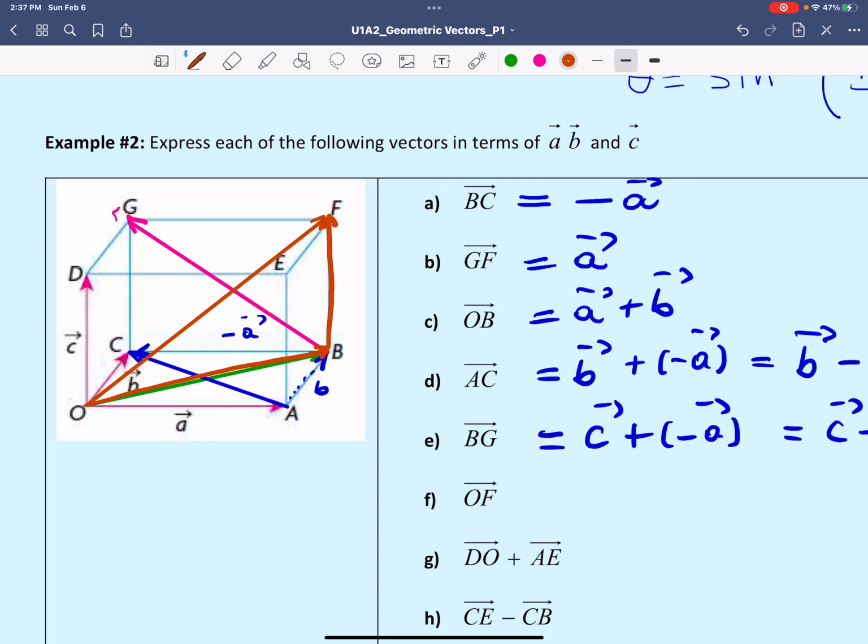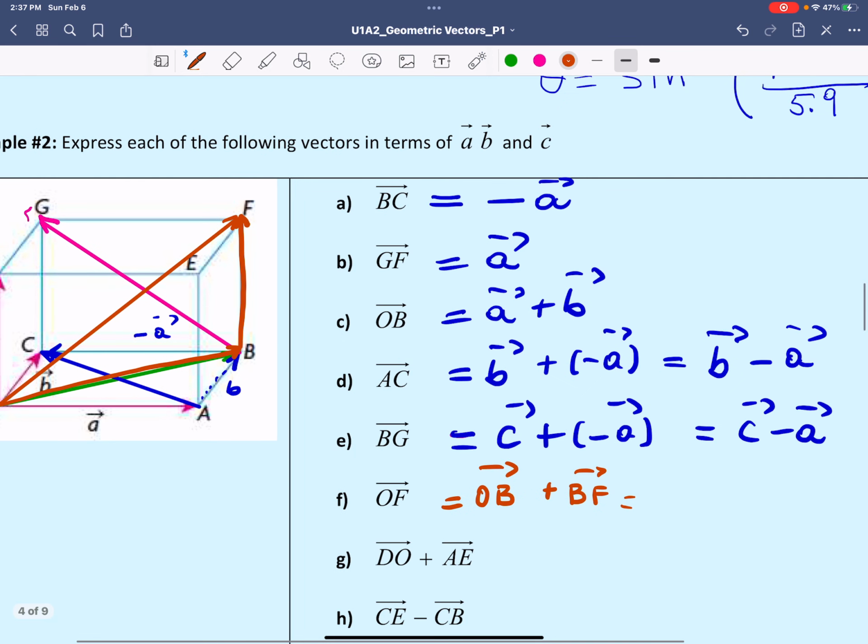Now, remember that vector OB, we already found, is equal to A plus B. So we have OB plus BF. I'm going to show the steps here to be sure.